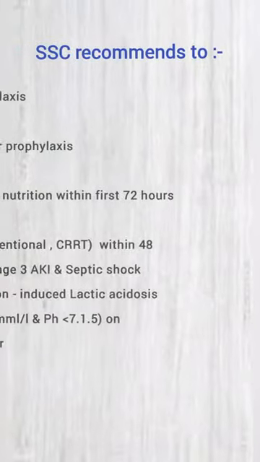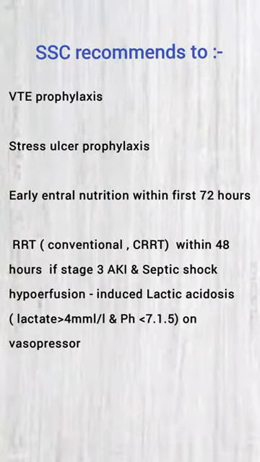The Surviving Sepsis Campaign also recommends venous thromboembolic prophylaxis, such as low molecular weight heparin or physical measures such as elastic stockings, and stress ulcer prophylaxis with a proton pump inhibitor like pantoprazole or omeprazole.